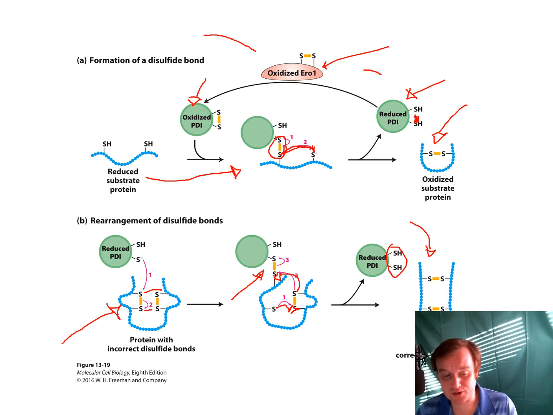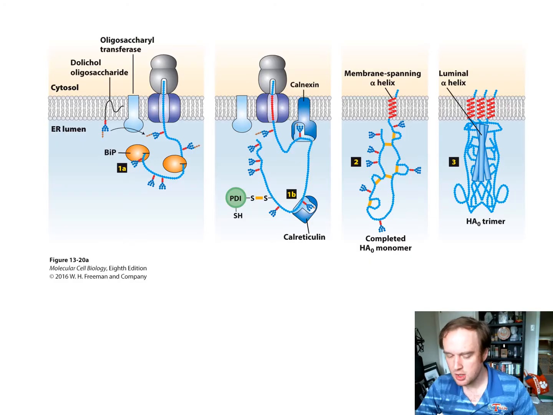And so these reactions will continue to go on and on until the protein is folded into the most thermodynamically stable conformation, and at that point it's kind of a finished product because the affinity for binding with PDI is reduced greatly. So through trial and error, it makes sure it gets to the most properly folded conformation. Okay, so let's look at how some of these proteins fold after they are incorporated into the ER lumen.